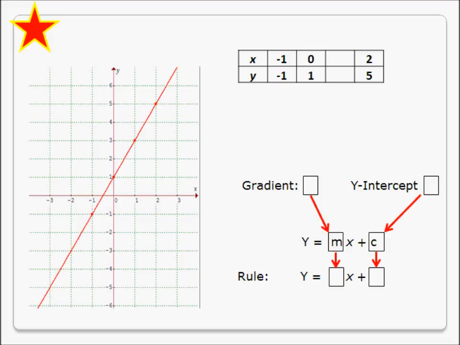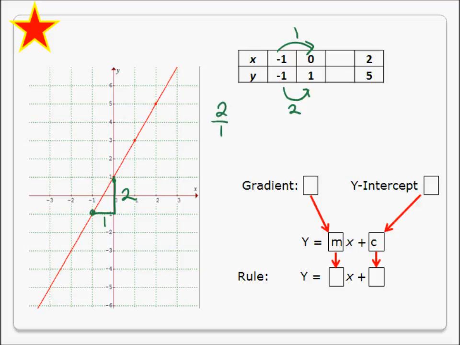So if I was looking at the table, the first point I might be looking for might be these two, and I would find that my run is 1, my rise is 2. That's corresponding to this point here. Between the negative 1 and the 0, the x went across one place. Between negative 1 and 1, the y value went up by 2. So my rise over my run was 2 over 1.